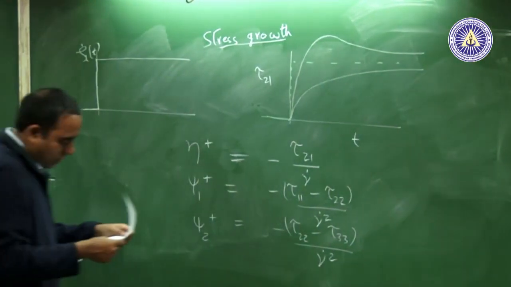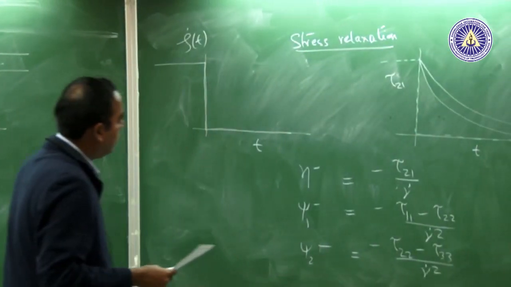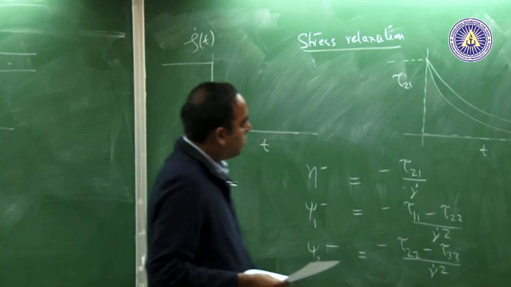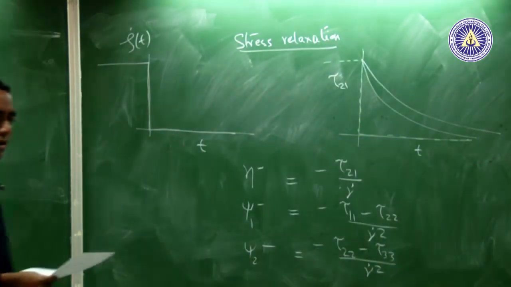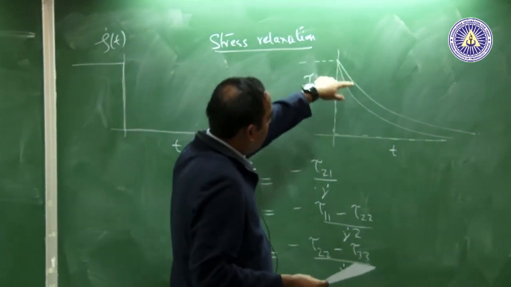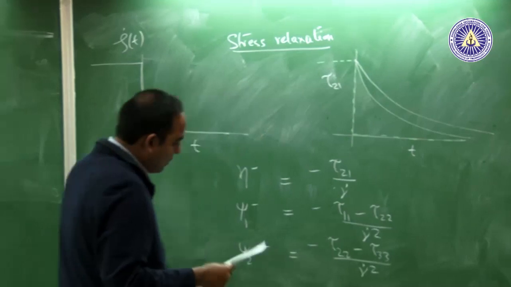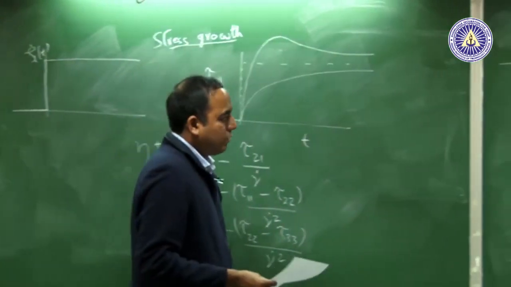There is one other aspect in this stress relaxation experiment: if you notice the decay of the stress, it gives you a characteristic time that characterizes this decay of the stress. Now, this characteristic time is also called the stress relaxation time in typical polymeric experiments.